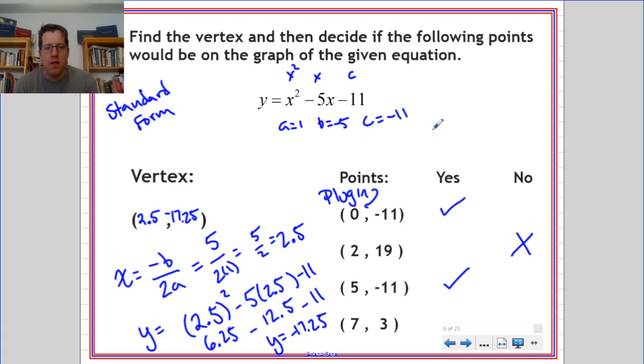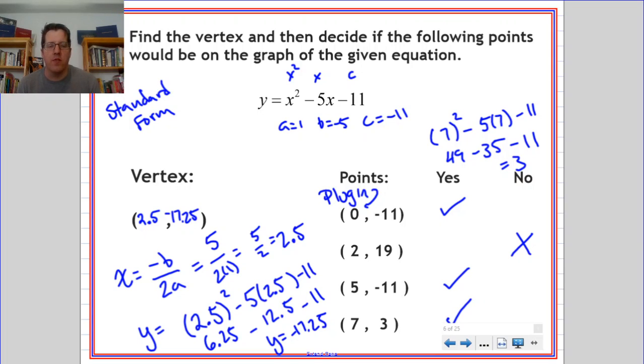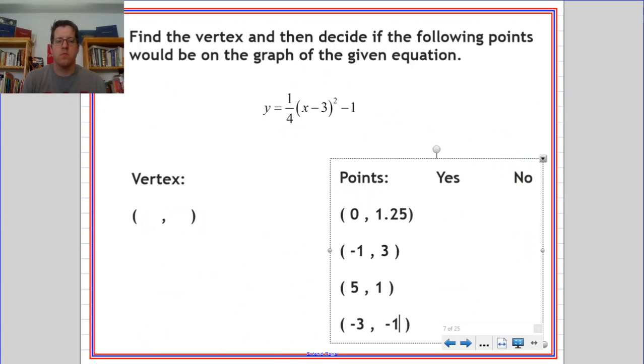That would be 7 squared minus 5 times 7 minus 11, or 49 minus 35 minus 11, which does equal 3. So there'd be 3 answers for yes and 1 answer for no. All right, it's time to move on to the next example.